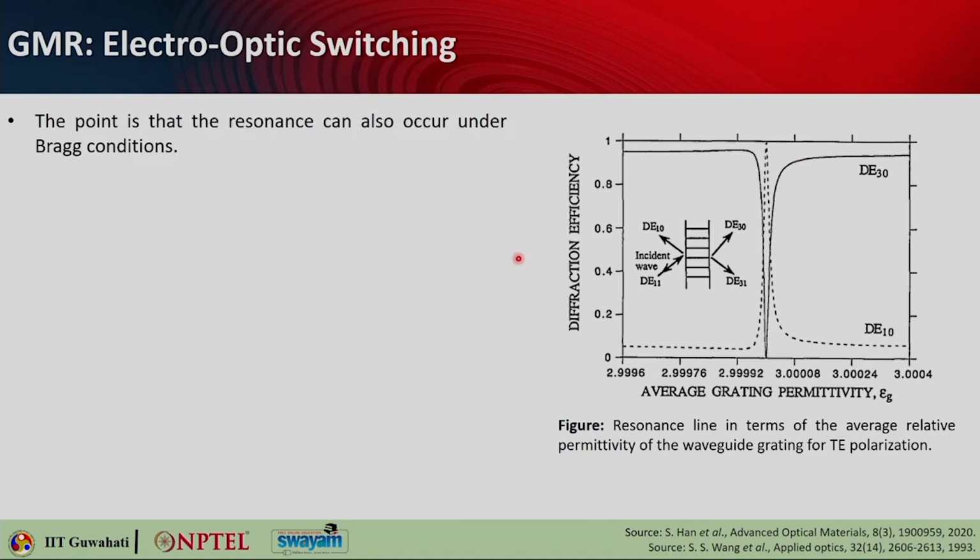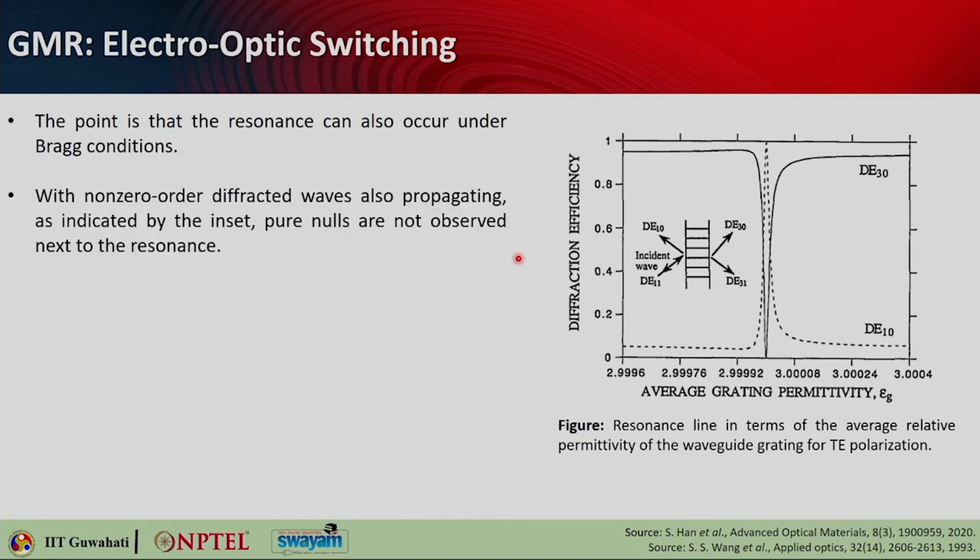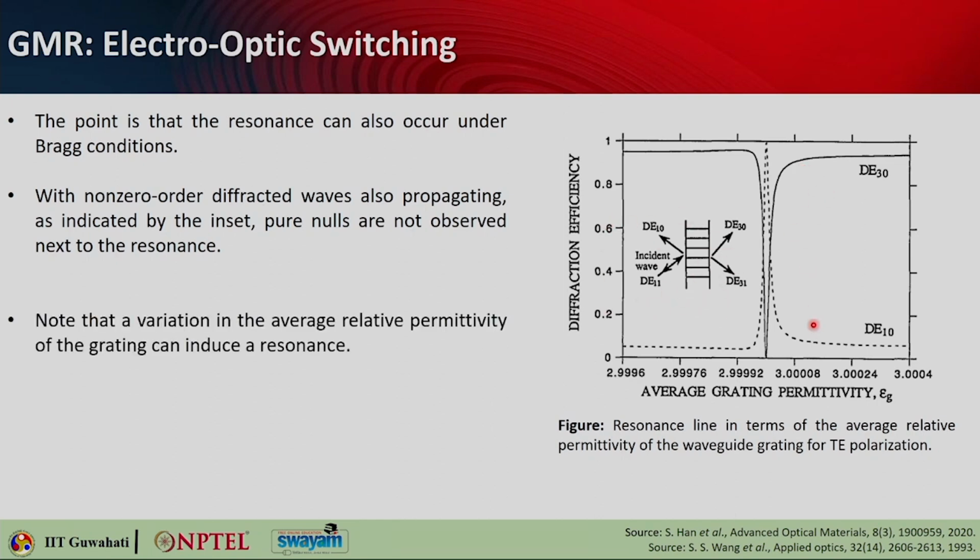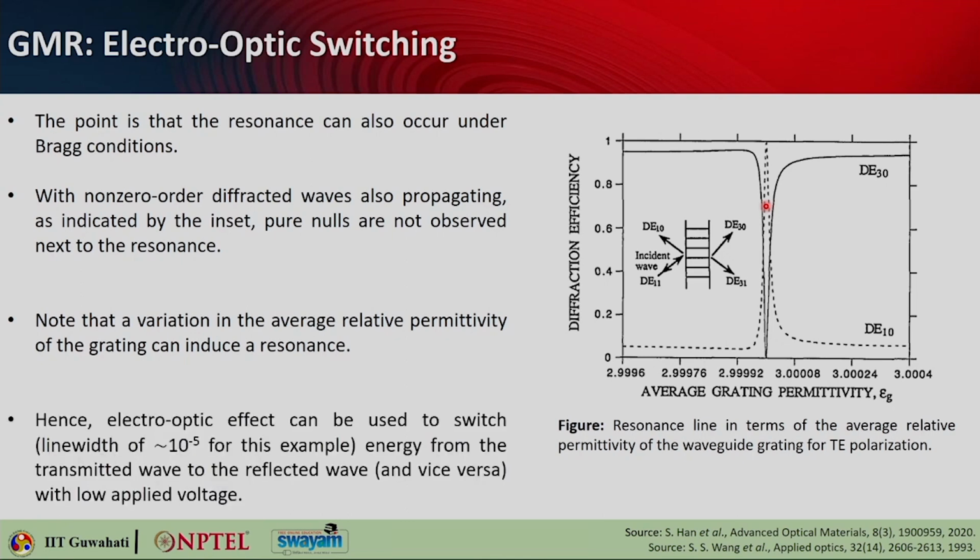The point is that here the resonance can also occur under the Bragg condition, with non-zero diffracted waves also propagating. As you can see in this inset, pure nulls are not obtained next to the resonance, and a variation in the average relative permittivity can then introduce a resonance.